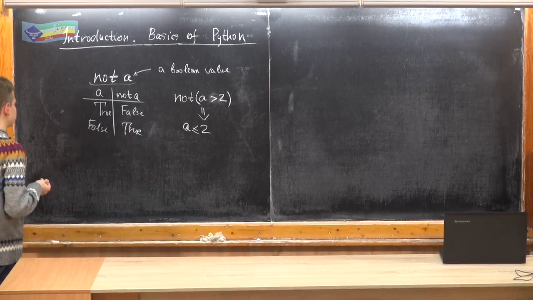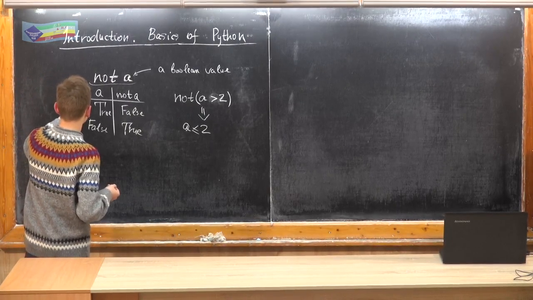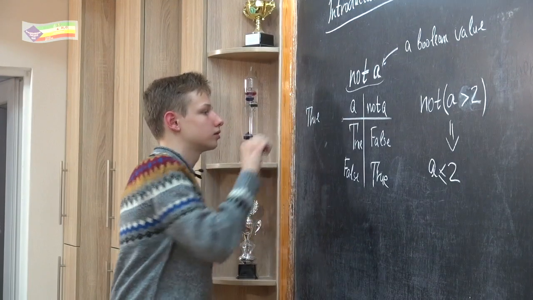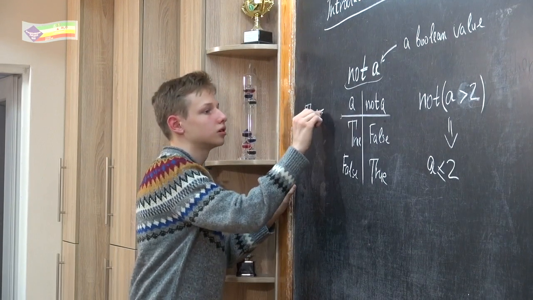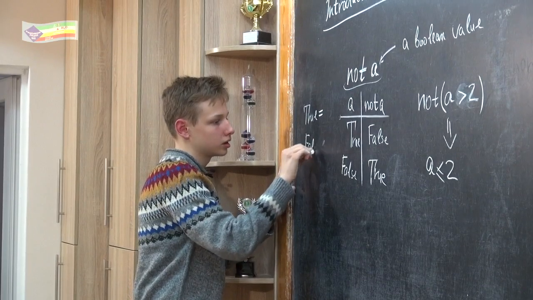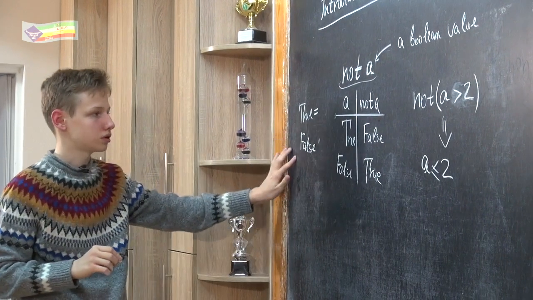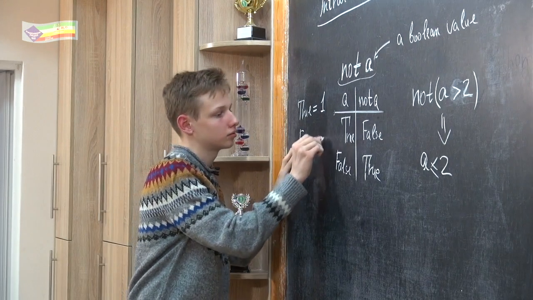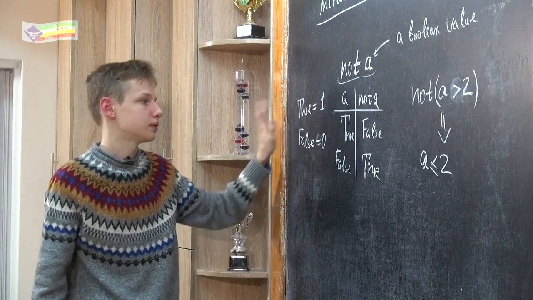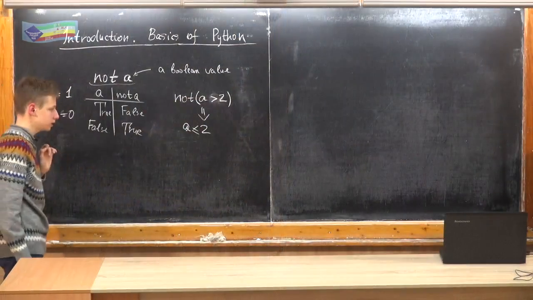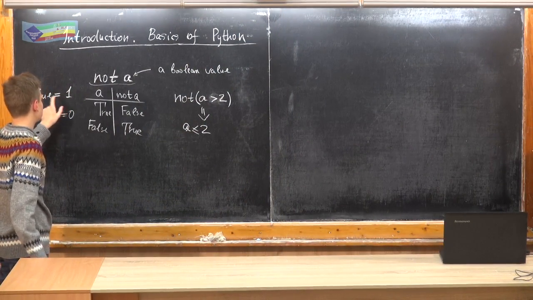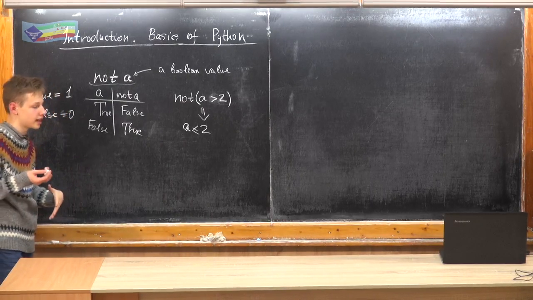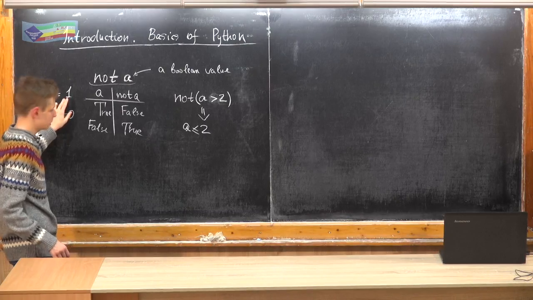In order to keep this table neat and tidy, we can create such replacements for true and false. Let's call true 1 and false 0. Why do we have these replacements? Because in Python, actually, instead of true or false, you can write zeros and ones. And Python will understand that it's not an integer, 1 or 0.